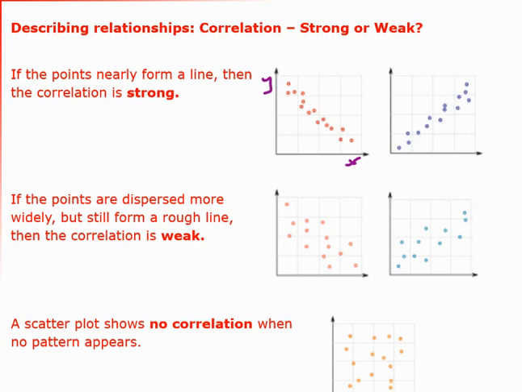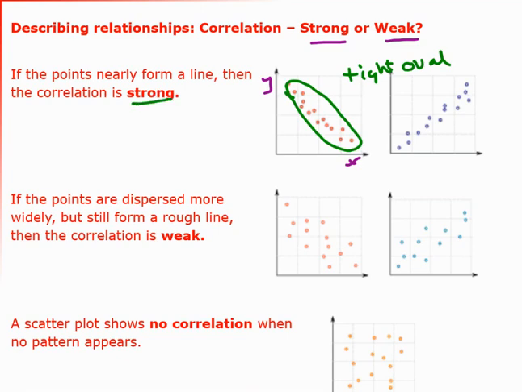If we see, okay, if it's strong or weak. So if the points nearly form a line, then the correlation is strong. So if we see that this is a, okay, we have a tight oval. Okay, that is strong. All right.